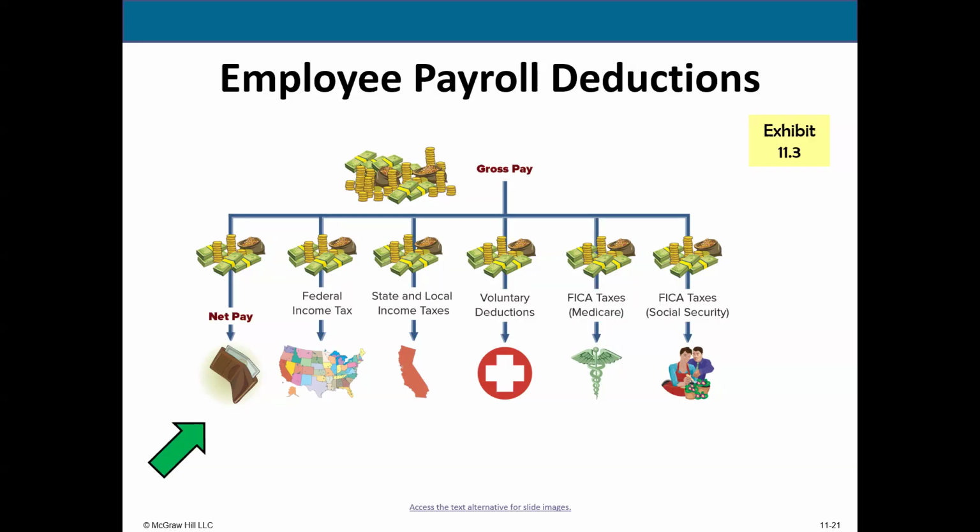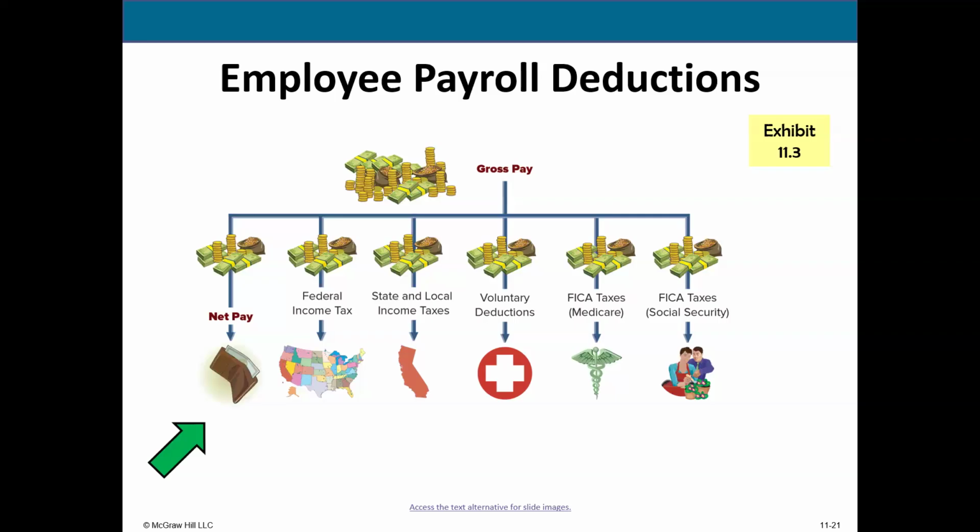Then we have all of these things coming out of our paychecks. Well, first we have voluntary deductions. Voluntary deductions are pre-tax. These typically include things like retirement funds, like a 401k, maybe a health savings account, or maybe some type of child support, something that comes out pre-tax.